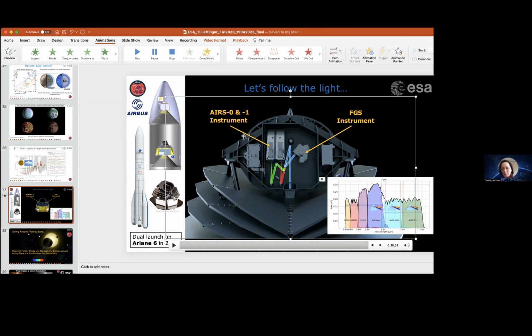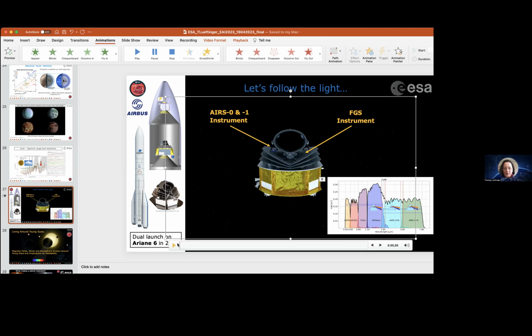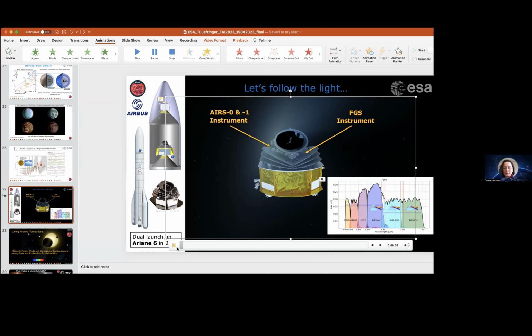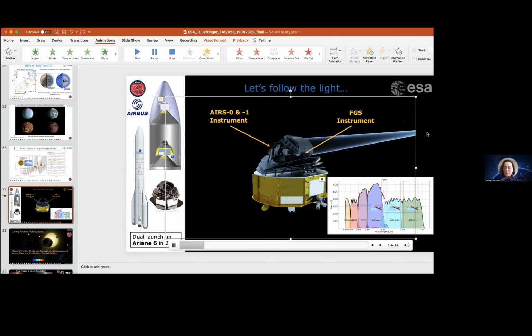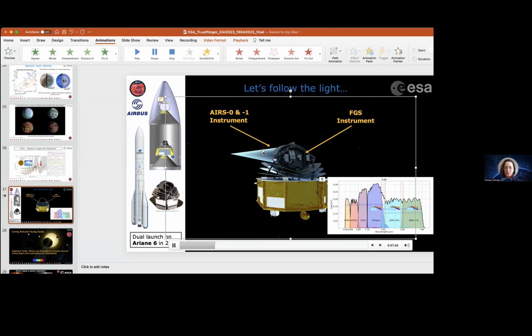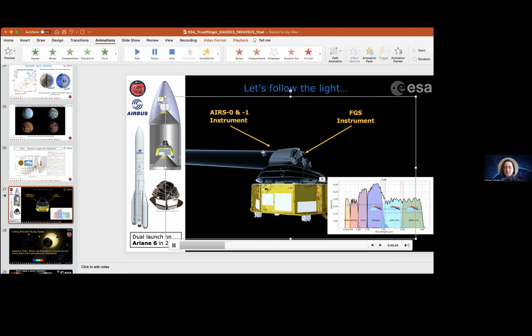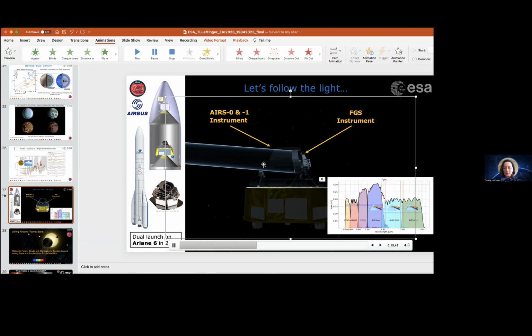So what you see here, or what you saw here, is the path of the light through the instrument and then to the back of the system, reaching the detectors. So the path of the light again, falling onto the primary mirror. I hope it's well visible. The video might be quite data intensive.